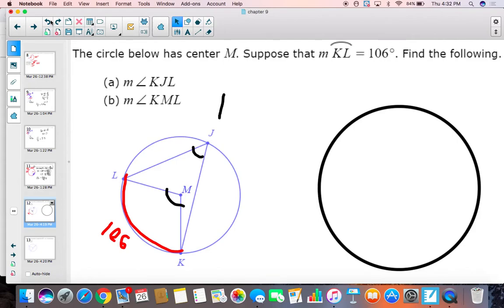So this is the inscribed. Yep, and then that would mean this is the central angle. Central.